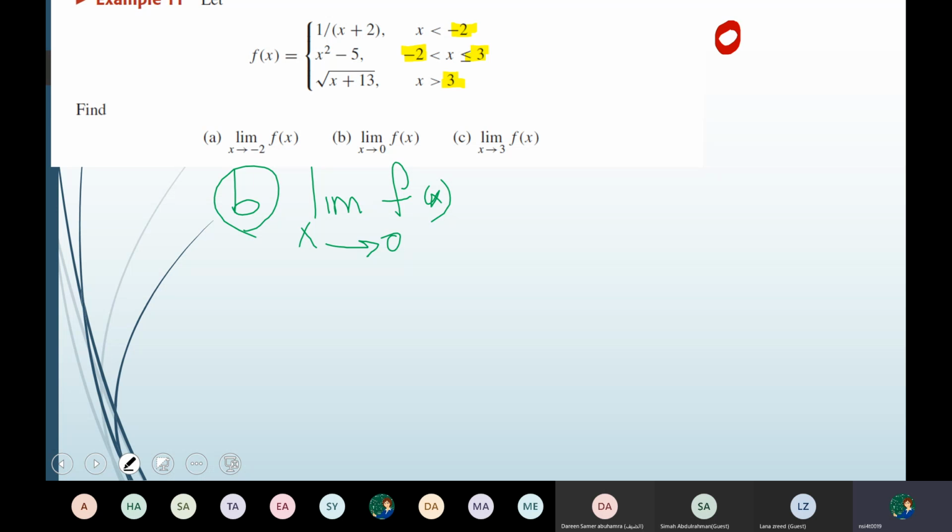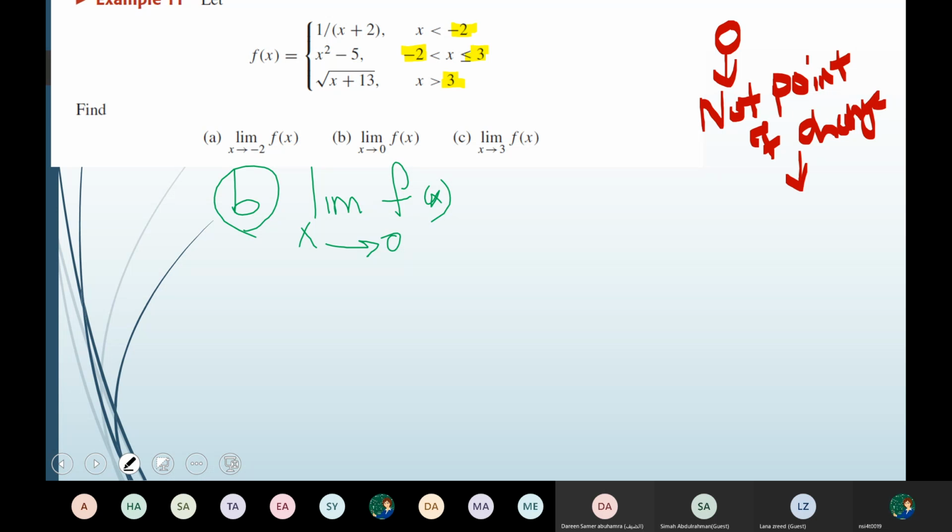Because 0 is not a point of change, does it have a one-sided or two-sided limit? One side. So here we have a one-sided limit.